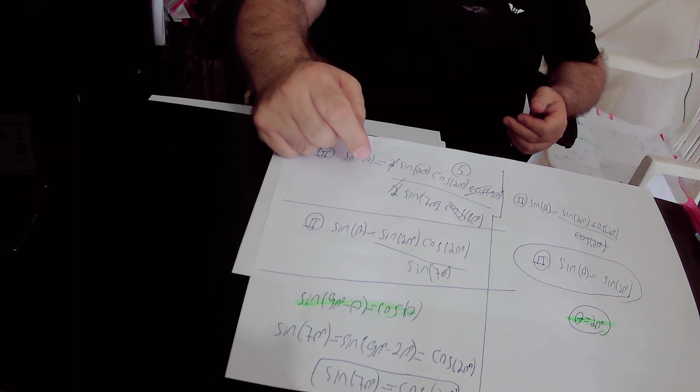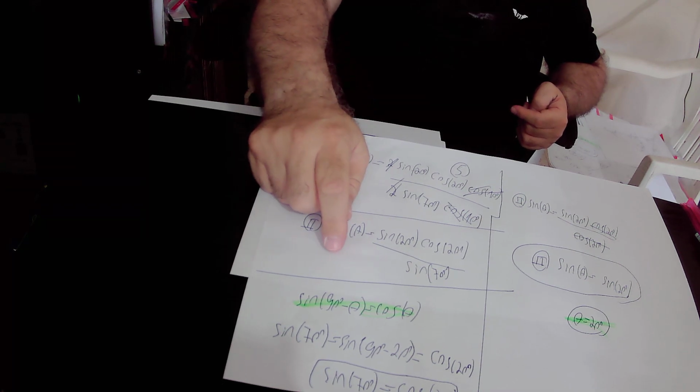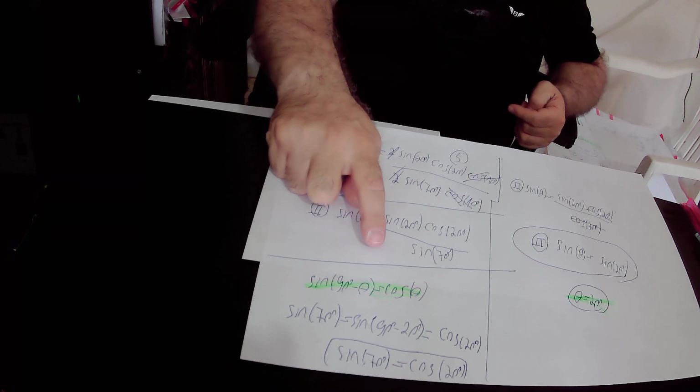Okay, so we have a trigonometric identity for sine 70 degrees: sine 90 degrees minus theta equals cosine theta.